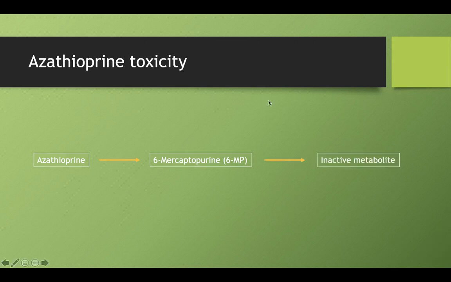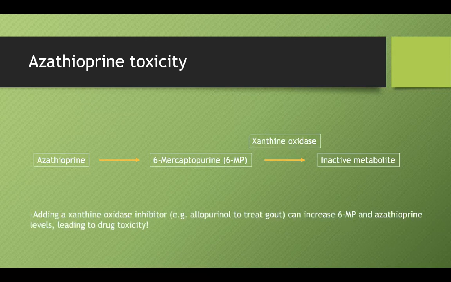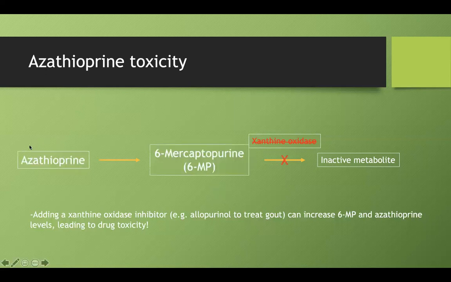Now, this degradation is performed by an enzyme called xanthine oxidase. The problem is if you have somebody who has gout, let's say, and you give them a xanthine oxidase inhibitor, you can cause some issues. Because if we inhibit this enzyme, we can no longer inactivate 6-mercaptopurine or azathioprine. So these will get very big, and you can get dangerously high levels of azathioprine if you give this in conjunction with a xanthine oxidase inhibitor.